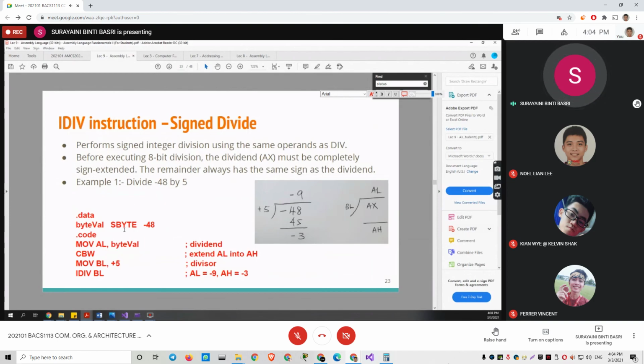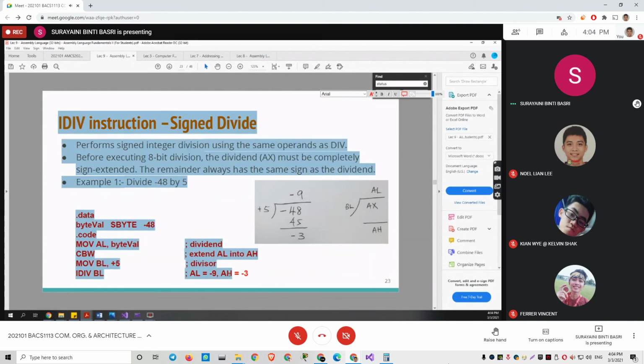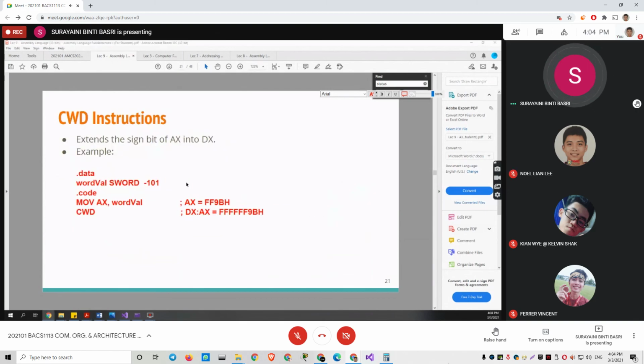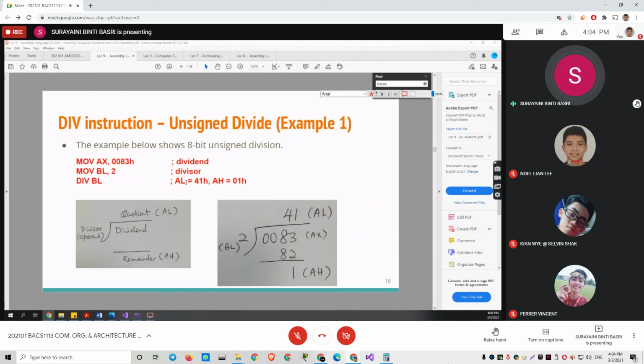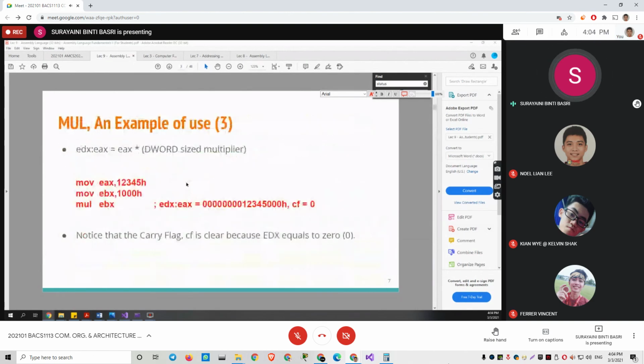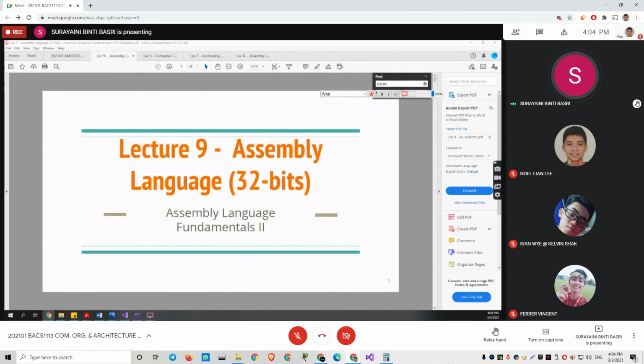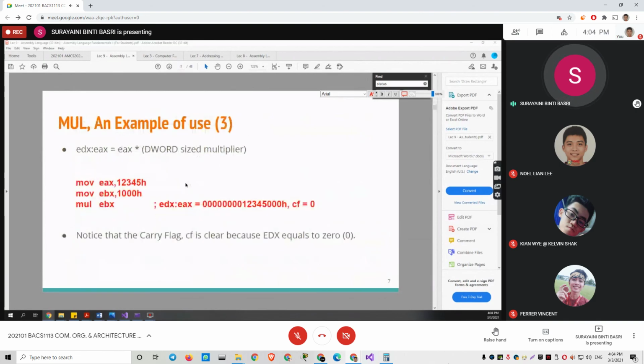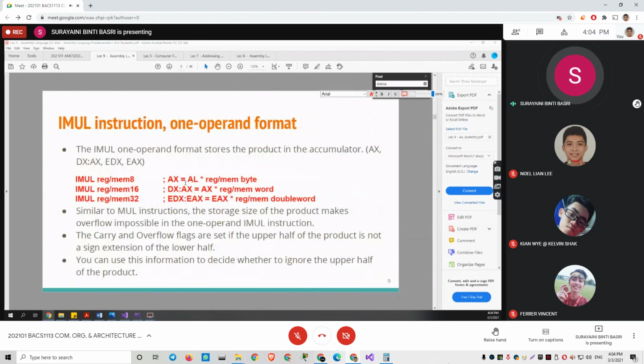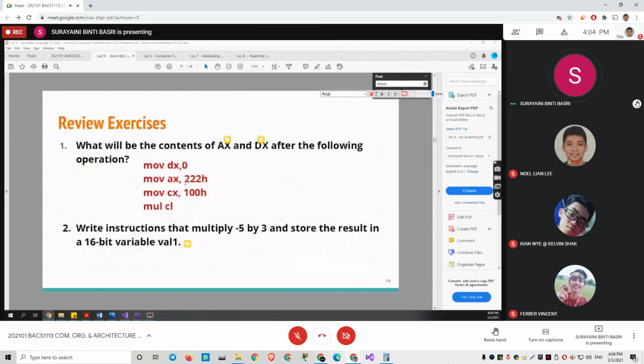Okay, because it is 4 p.m. already, we will continue this in our next session. So don't forget to try page 14.